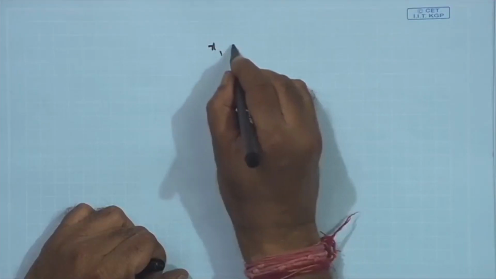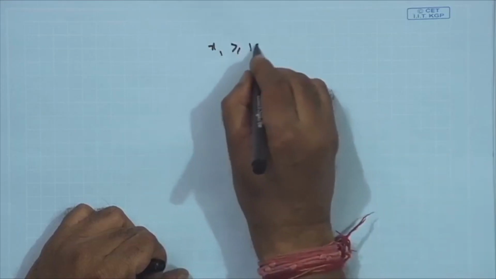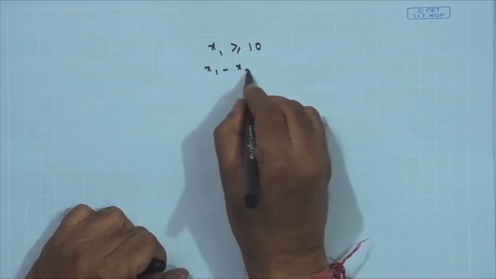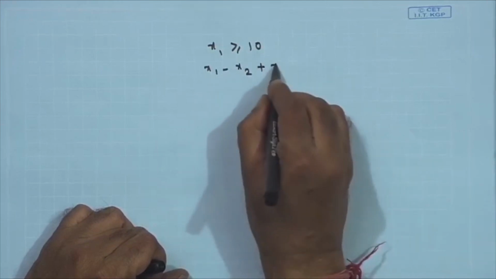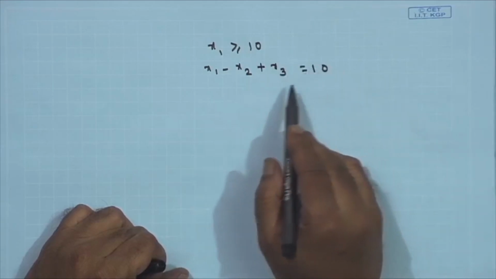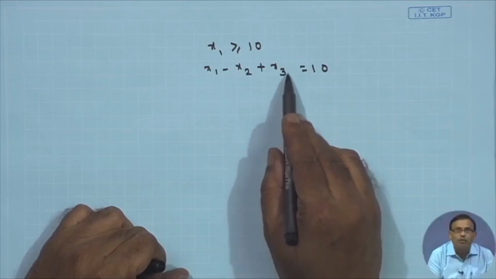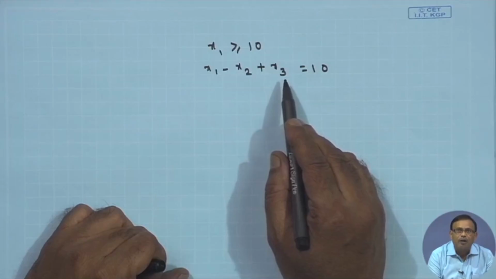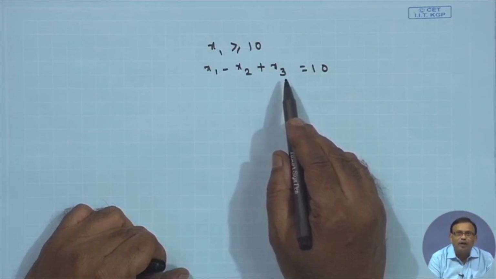For that reason, we add one artificial variable. Whenever you have x1 greater than equals, say, 10, we write it as x1 minus x2, which is the surplus variable, plus x3 equals 10, and this variable plus x3 we call an artificial variable, where in the cost coefficient we add a high penalty.